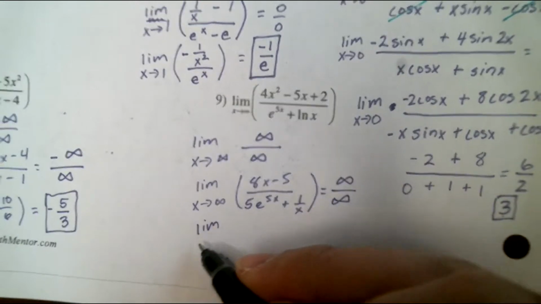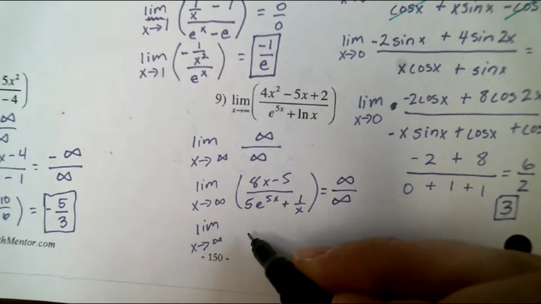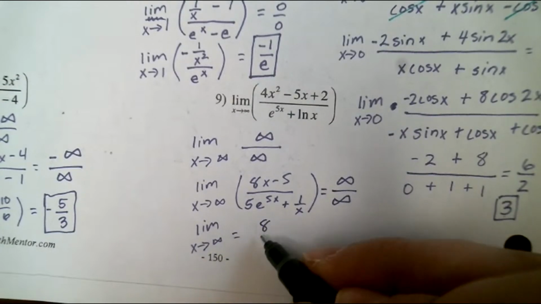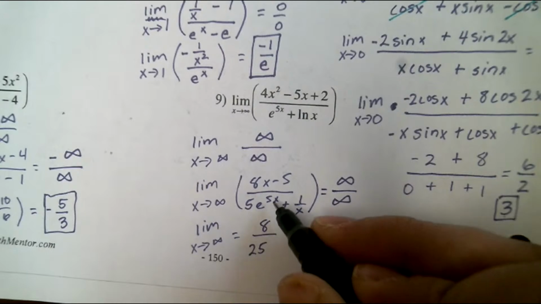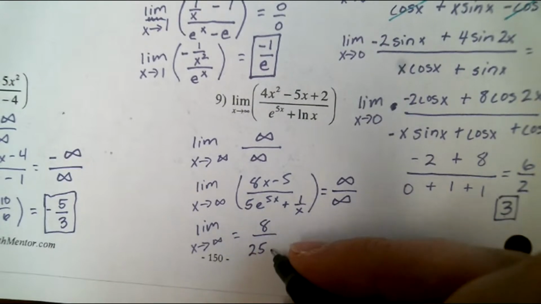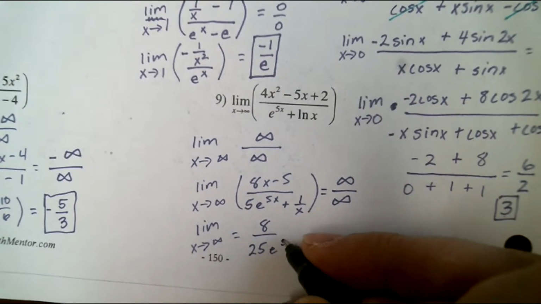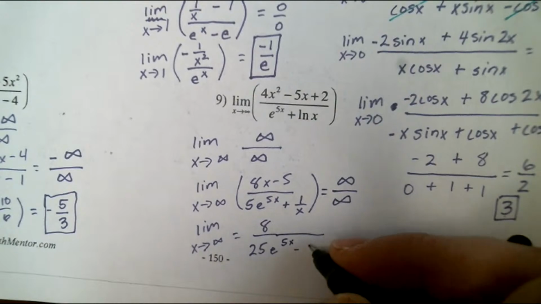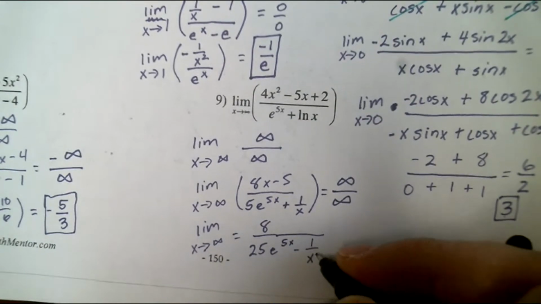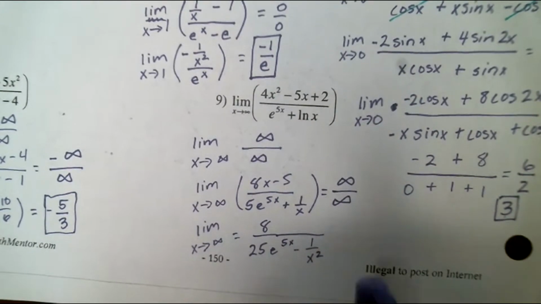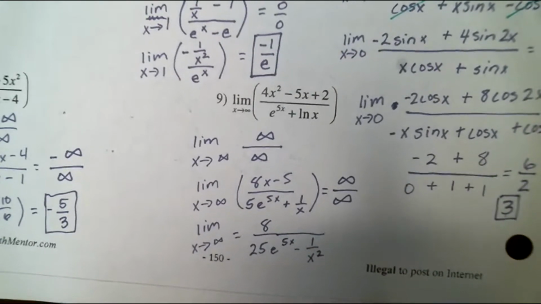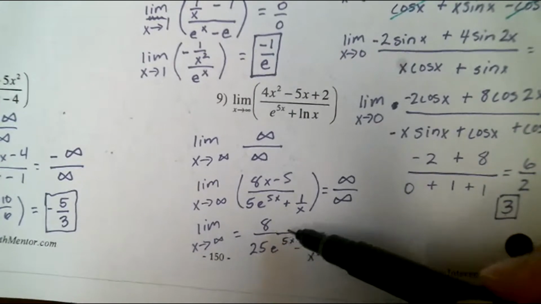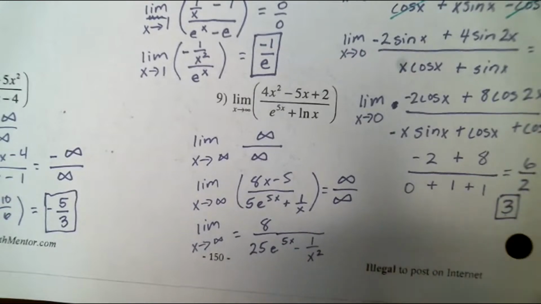So then take the derivative again. We find it to be 8 over 25 e to the 5x, because 5 times 5 is 25, and then minus 1 over x squared. The derivative of 1 over x is minus 1 over x squared. So I have nothing to type into the numerator. I have everything to type into the denominator.